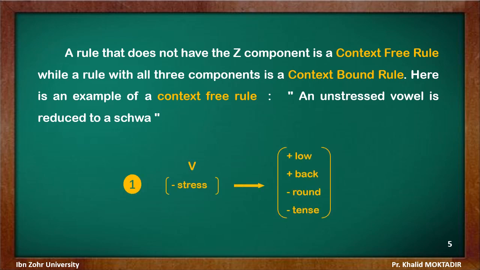So this is how we're going to represent this rule. A vowel that is minus stress, that is unstressed, is reduced to a schwa. That's a low back spread lax vowel, the schwa, namely. Notice that we have no context. This happens all the time.